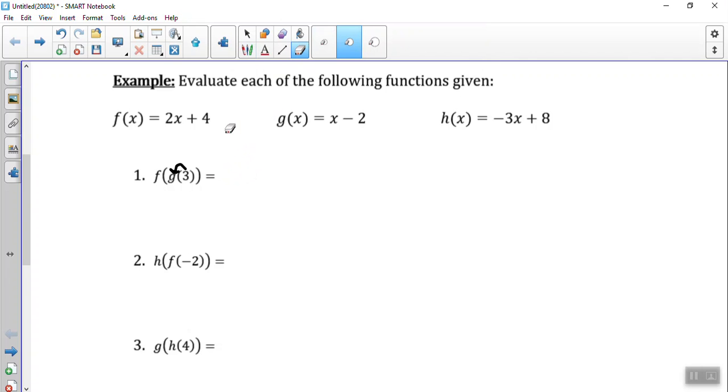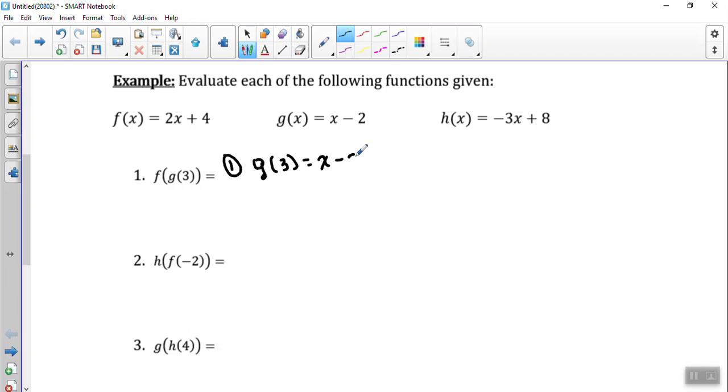So my first step is to work from the inside out. I have to find g of 3. The g function is right here, so I'm going to copy it down, x minus 2, and plug in 3 for my x. 3 minus 2 is 1.